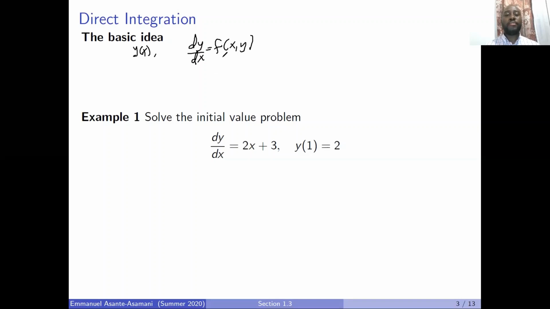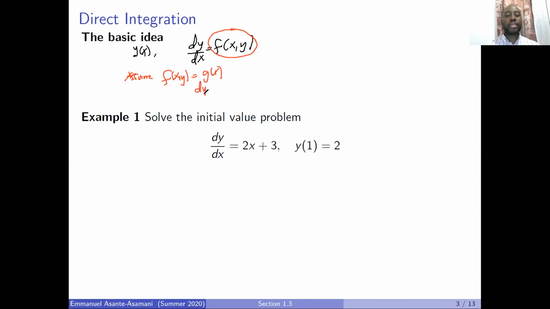Now, in the event that my right-hand side function f is only a function of x, right? So if we assume that f of x,y is just some function of x, then what we have for our first order differential equation is really dy dx is g of x. Okay, and so what are we saying here?